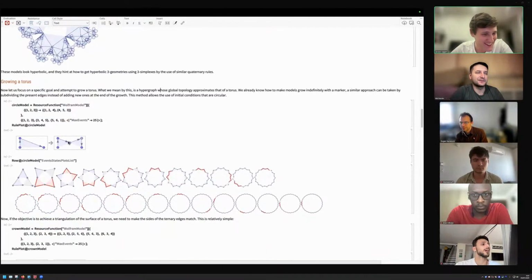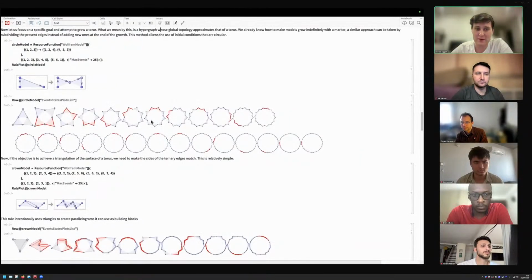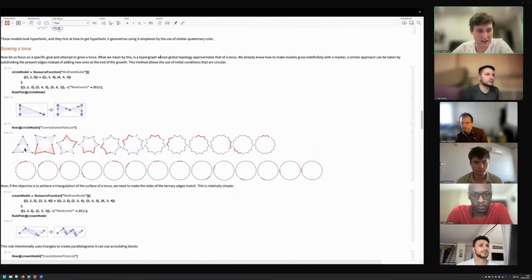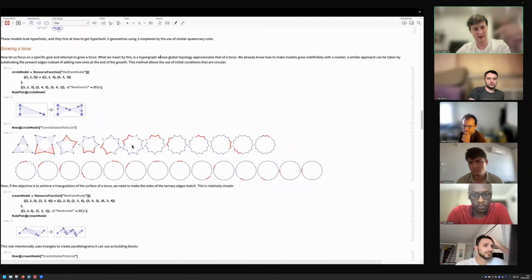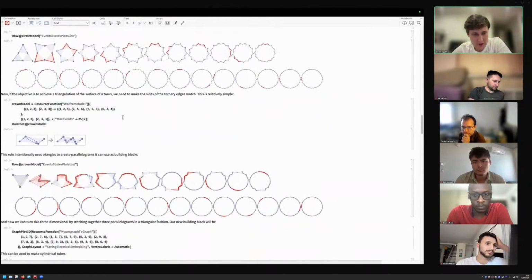So here was the first serious attempt to start with some non-trivial initial condition that already has a hole. The basic idea is the same in the end. If the initial condition was open, it would just make a line again of triangles of ternary edges. Since the initial condition already is closed, it's making a circle, and that was the starting point.